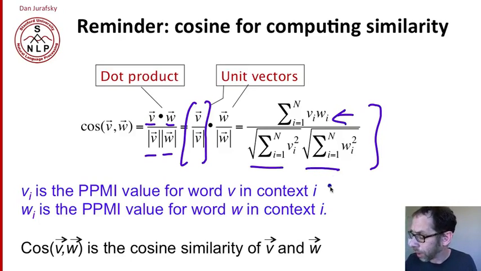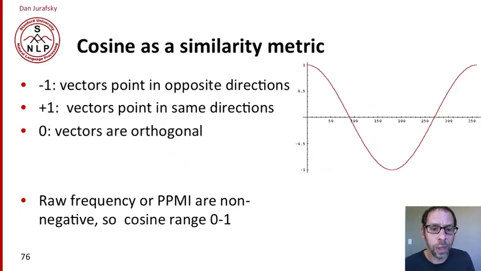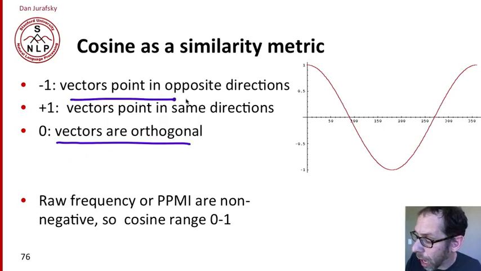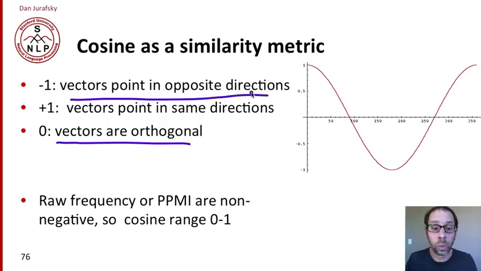And now, let's say we're doing PPMI, so v sub i is the PPMI value for word v in context i, and w sub i is the PPMI value for word w in context i. And remember that cosine as a metric, if two vectors are orthogonal, they're going to have a cosine of 0. If they point in opposite directions, they'll have a cosine of -1.